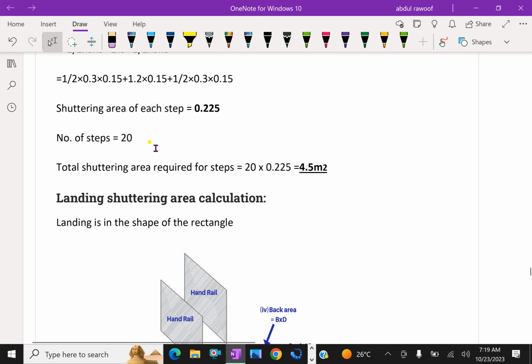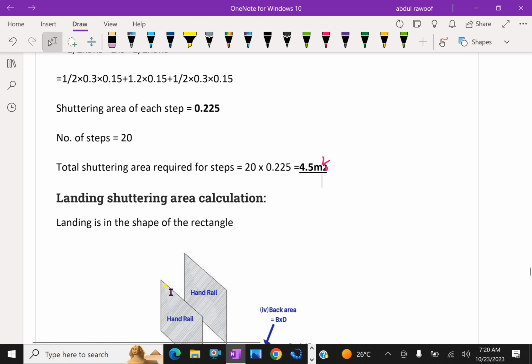Number of steps is 20. That means from the structural drawing, 20 steps are there. Therefore, totally multiplied, 20 into 0.225 is 4.5 meters square, shuttering area of all steps.